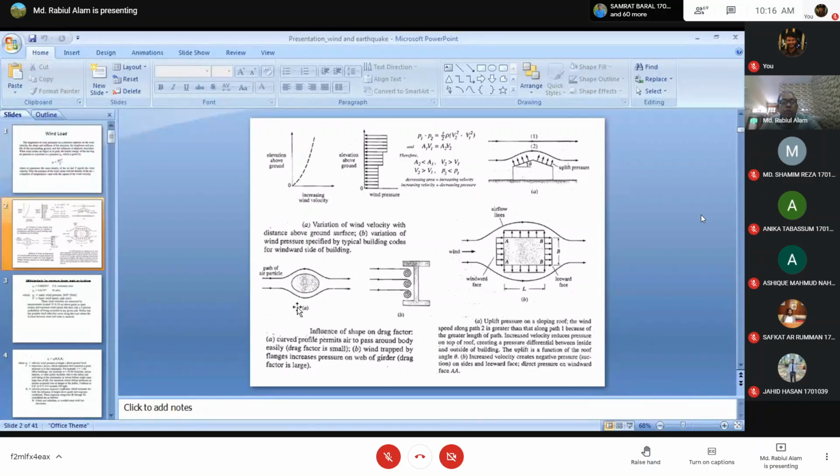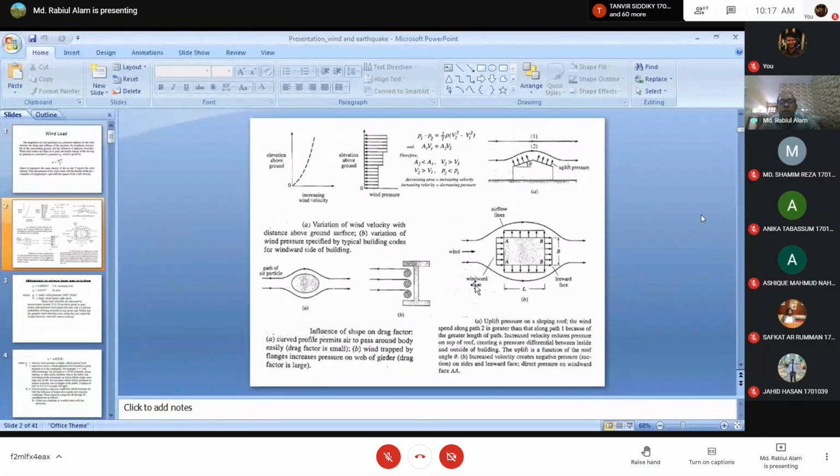We also saw that the circular shape is the most favorable shape wherever strong wind is blowing, and we try to avoid structures like I-shaped, L-shaped, T-shaped, because those structures create a trap for wind, and extra pressure develops.